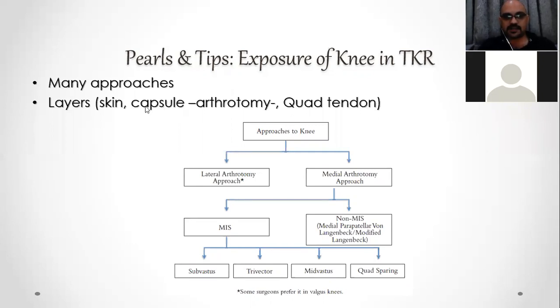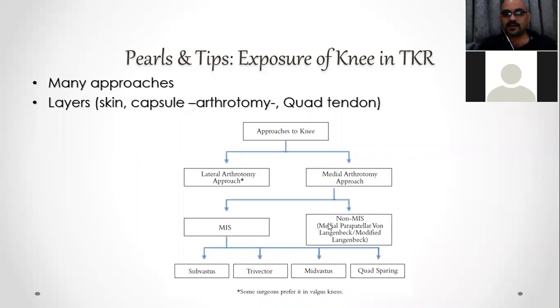The medial parapatellar is here in the case of the capsule. After the capsule, the approach is named according to the quadriceps tendon incision, either MIS or non-MIS. MIS means the minimally invasive surgical technique, not only the skin but minimally invasive, and we will see why it is named like that.